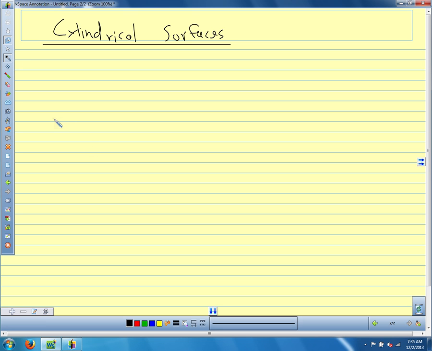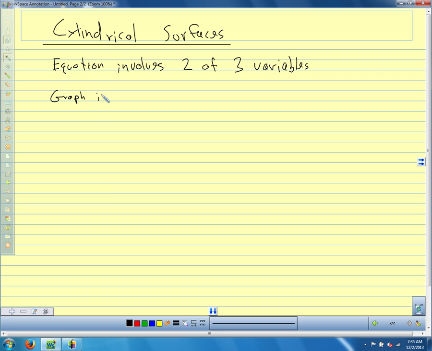A cylindrical surface is an equation that's going to involve 2 of our 3 variables. When we graph the equation in one of the coordinate planes, we get what we call a generating curve.